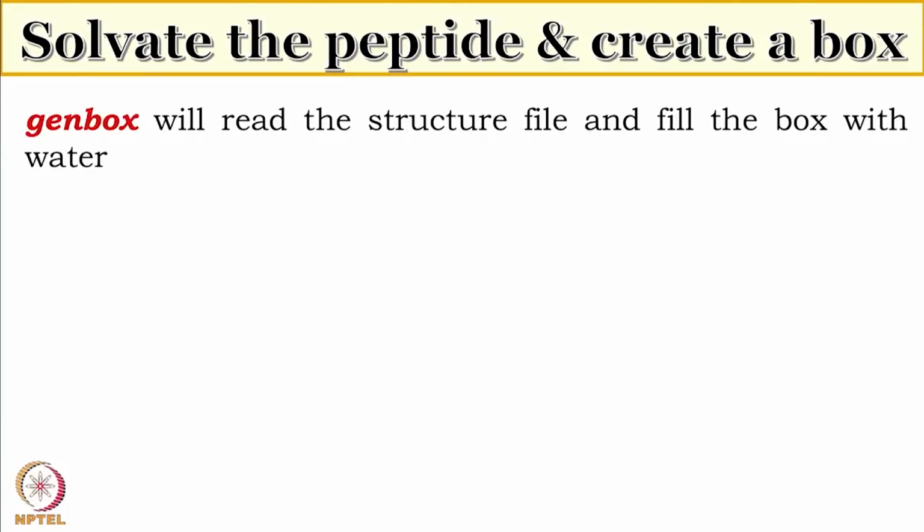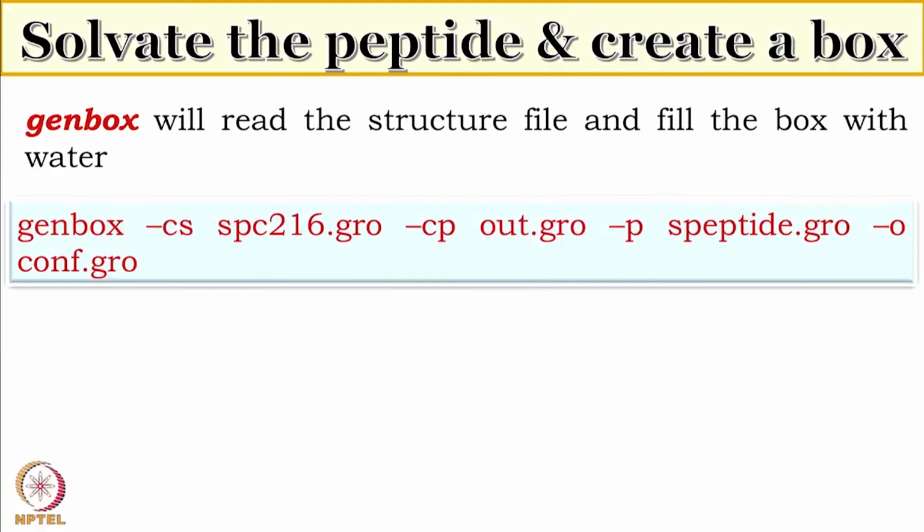Now genbox will read the structure file, that is the out.gro file, and fill the box with water. So the command is genbox minus cs spc216.gro, which is the water model that I will be using to solvate my peptide, minus cp out.gro, out.gro is the peptide within the simulation box, minus p s-peptide.gro, and minus o conf.gro.